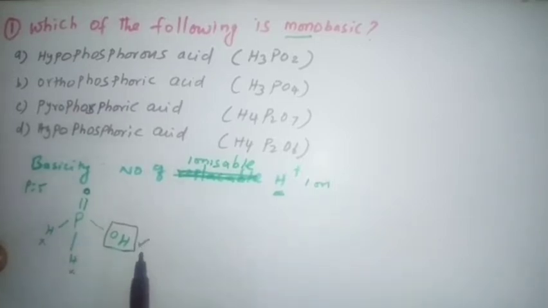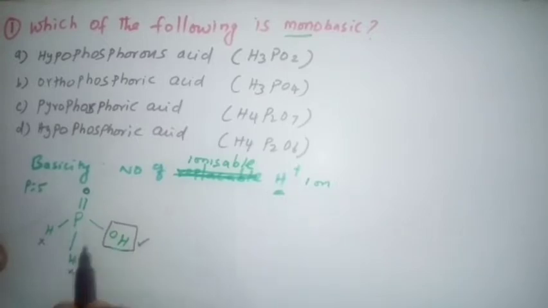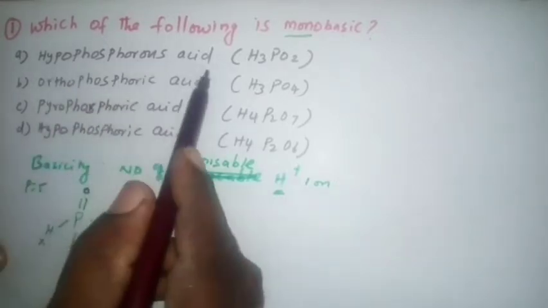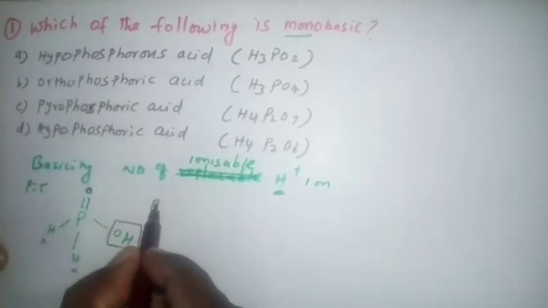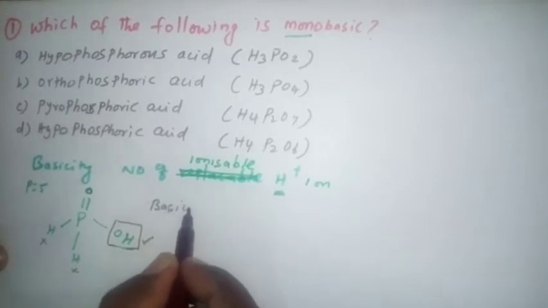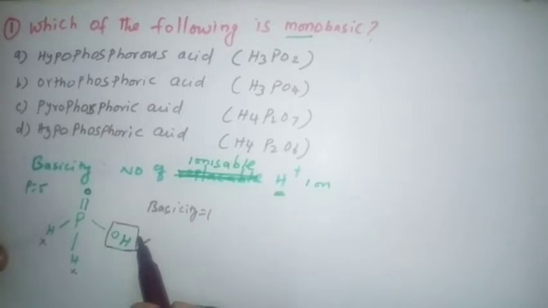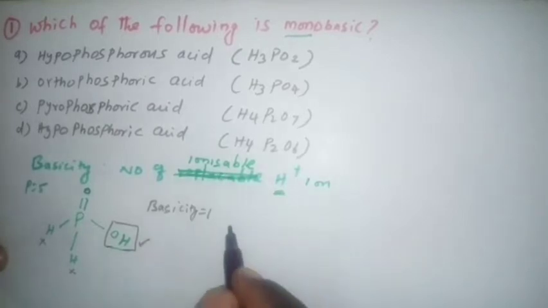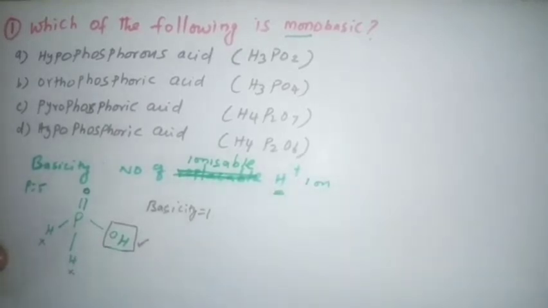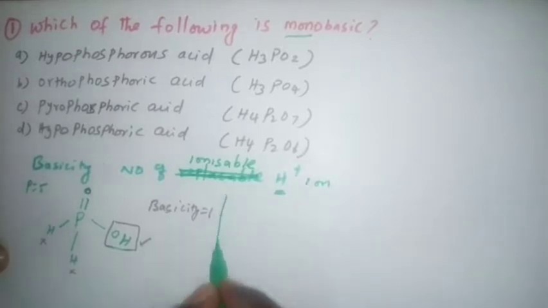Only the hydrogen atom attached to an oxygen atom can be ionized. So here the basicity of hypophosphorus acid is 1. Basicity equals 1 for this compound. Clear?